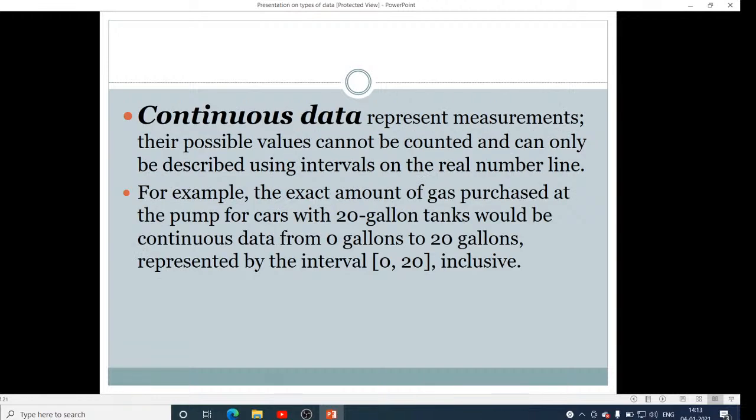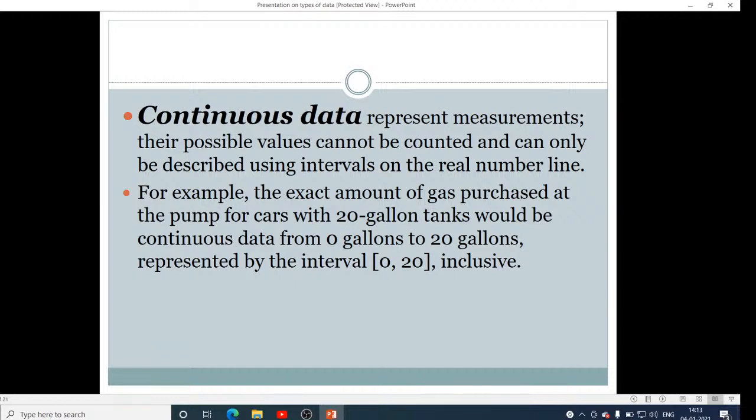Okay. The second one is continuous data. What is continuous data? It represents measurement. Their possible values cannot be counted and can only be described using intervals on the real number line. How can we write the interval? See the example.